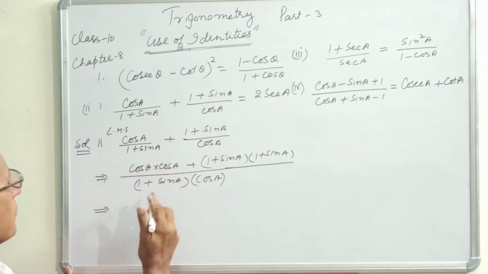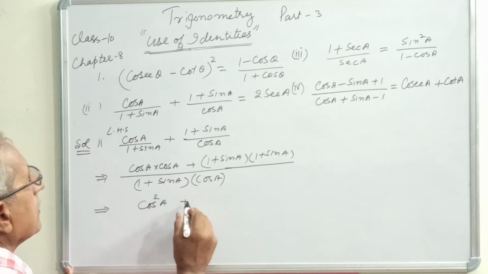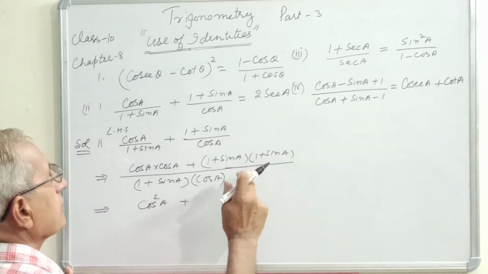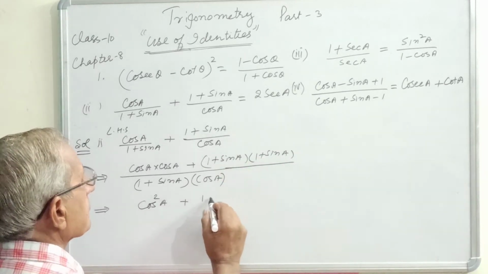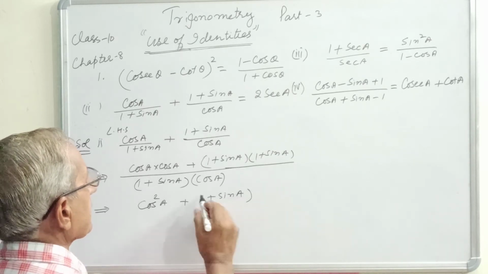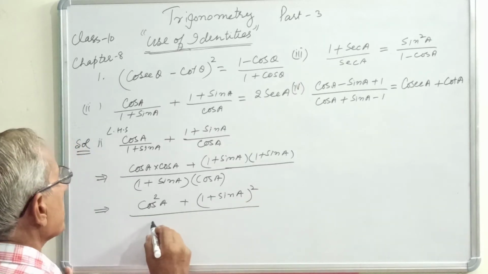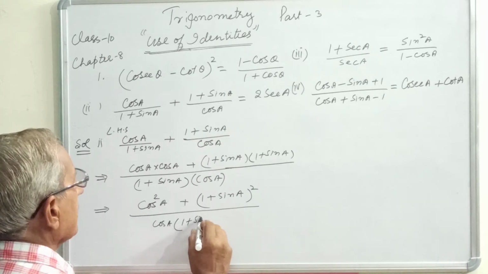It has become cos square A plus (1 plus sin A) whole square. So first I am writing in the form of whole square. And the denominator is cos A into (1 plus sin A).